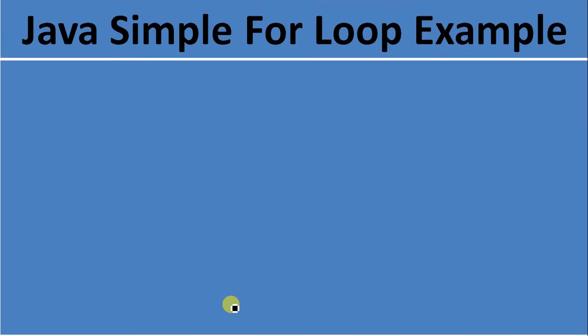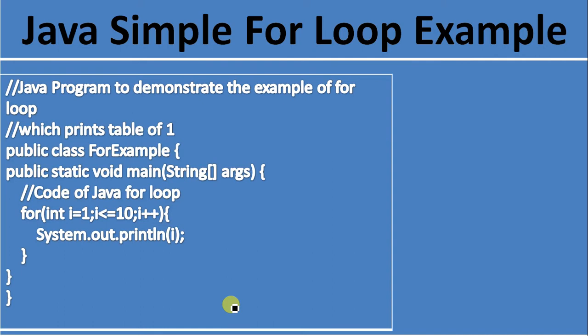So here is an example of a for loop. In this example, we are creating a Java program to demonstrate a for loop which prints the table of 1. We are printing the counting from 1 to 10.